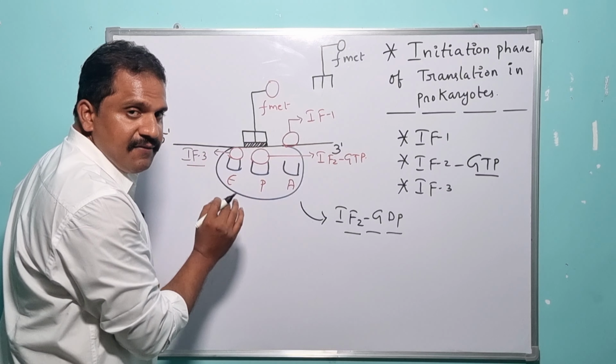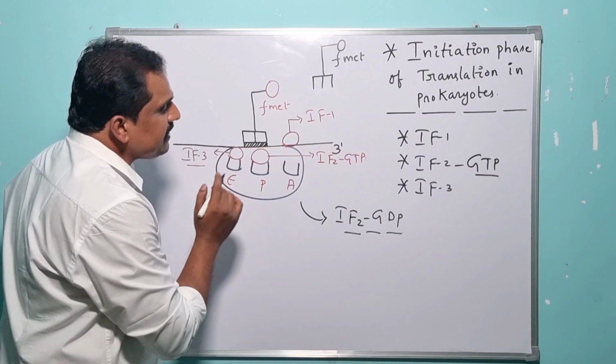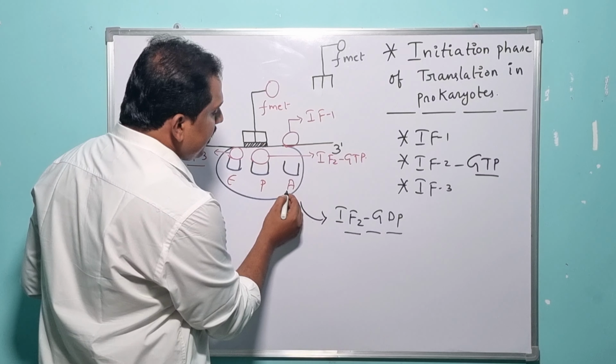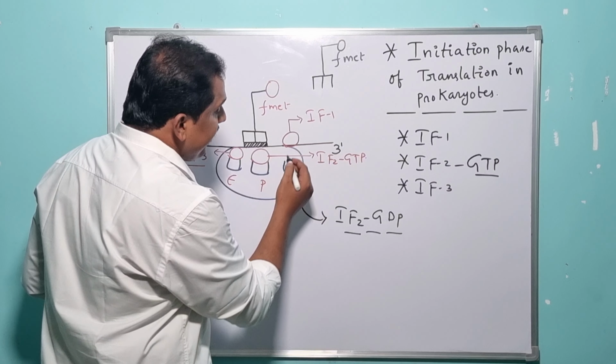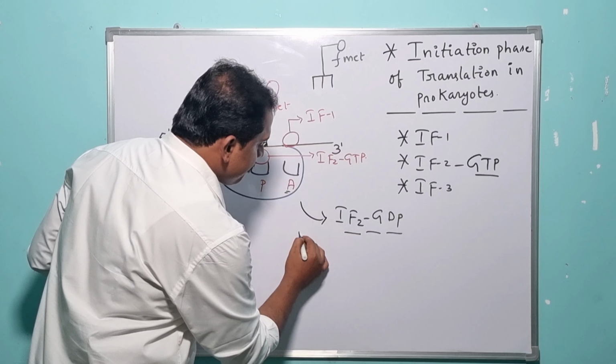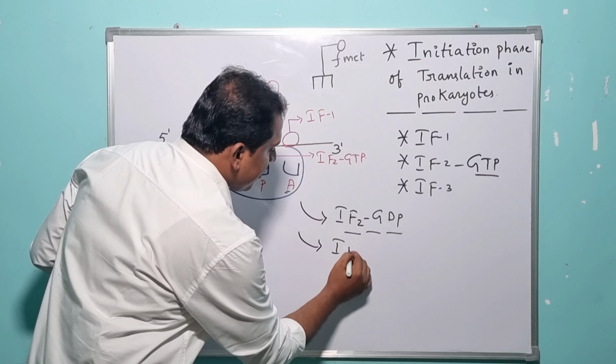Once initiation factor 2 in association with GDP has been dissociated from the P site of the ribosome, now initiation factor 1, which was recruited to the A site of the ribosome, is successfully dissociated from its recruited site. Initiation factor 1.